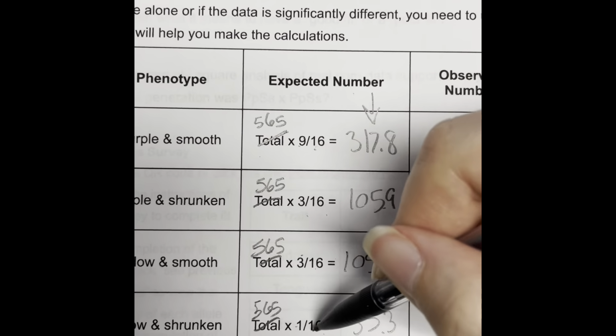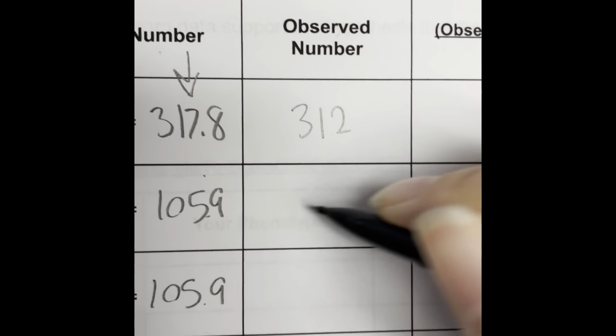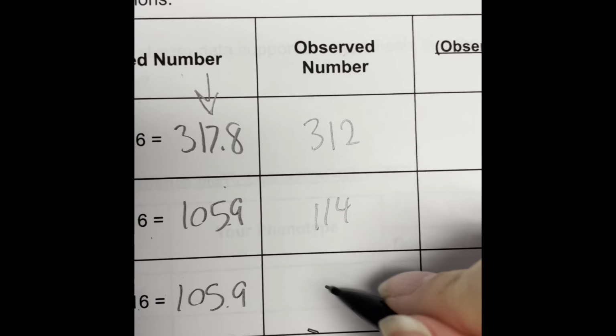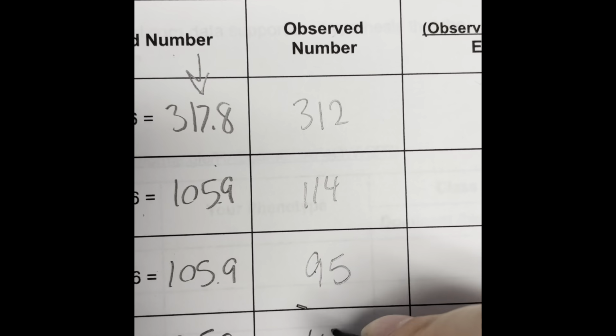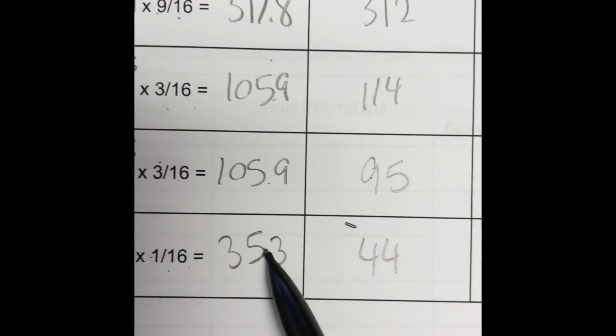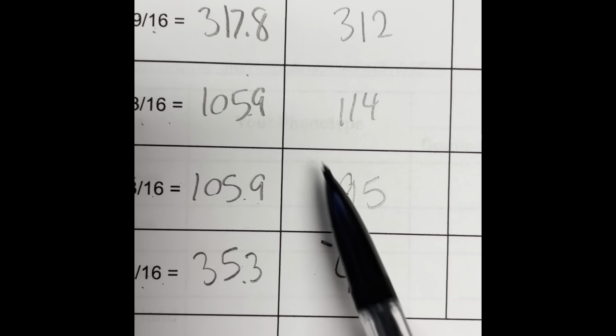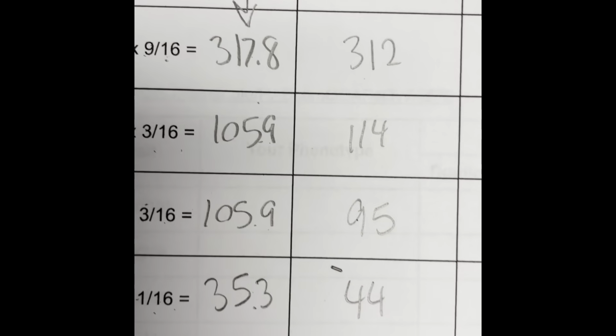So let's see if our observed or our actual number counted matches. We're just going to pull these numbers down here: 312, 114, 95, and 44. Notice that these numbers are pretty similar. There's a little bit of deviation, but pretty similar.